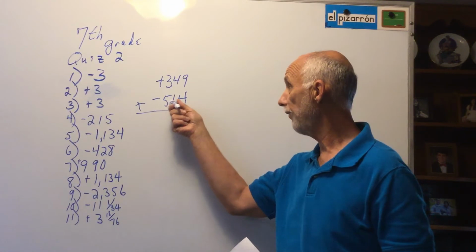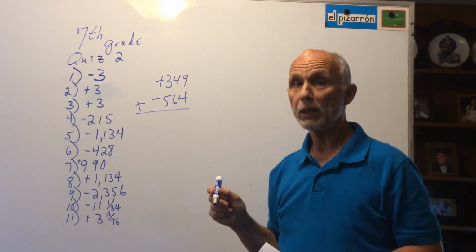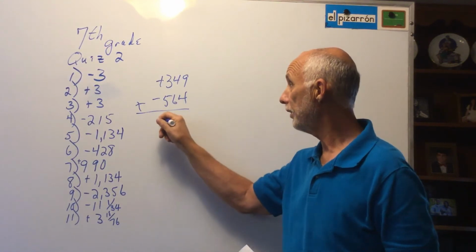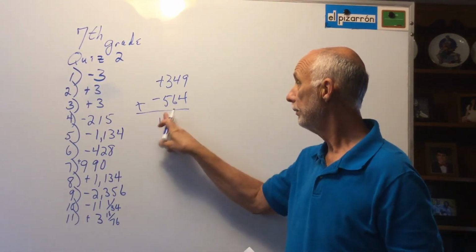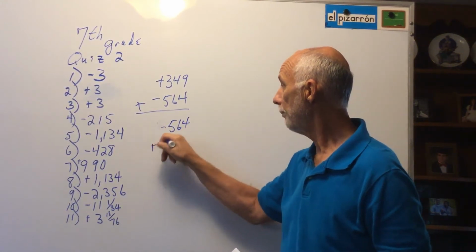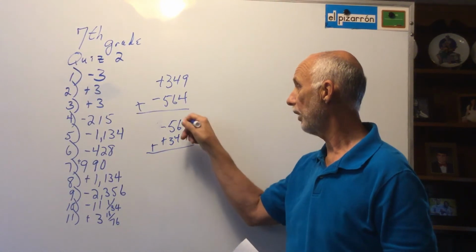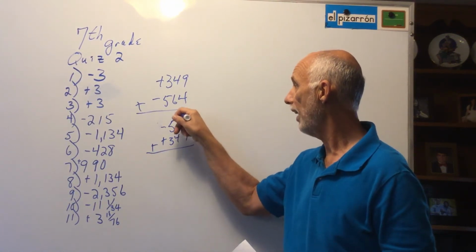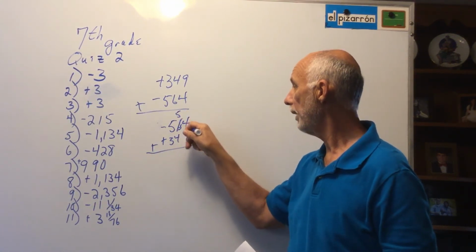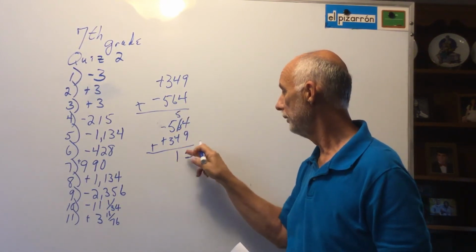I can't subtract 564 from 349 because it's bigger, but I can use the commutative property of addition to put the negative 564 on the top, the positive 349 on the bottom, and then I can subtract, borrow from the 6 and make it a 5. 14 minus 9 is 5. 5 minus 4 is 1.